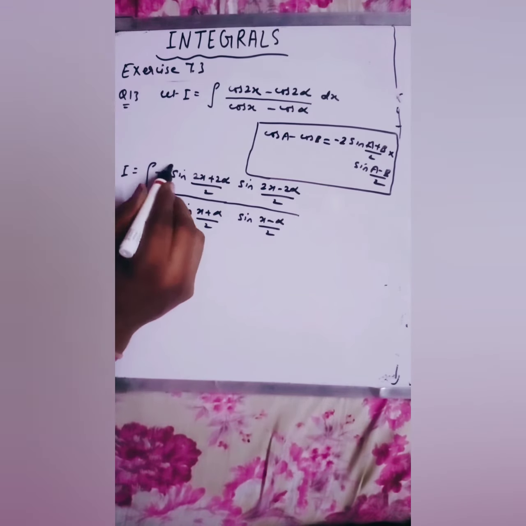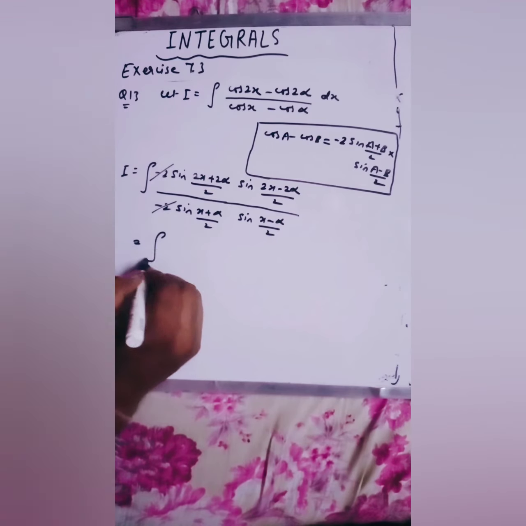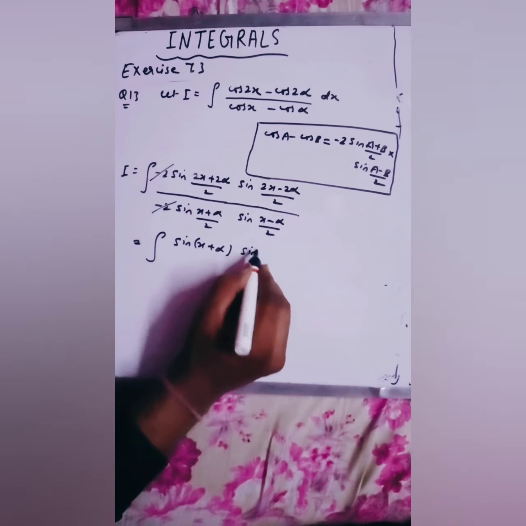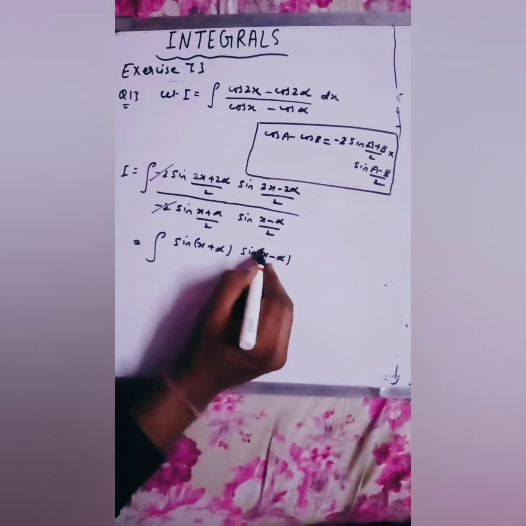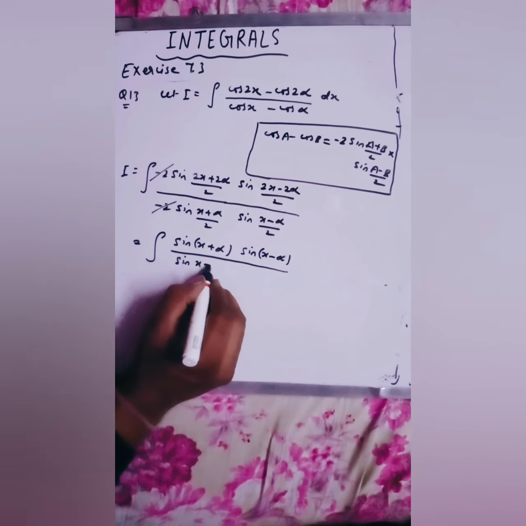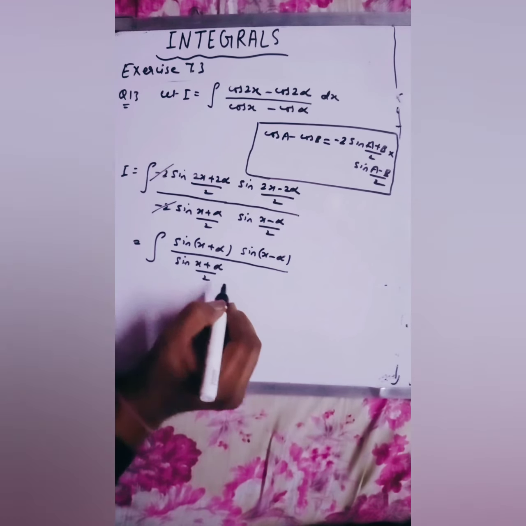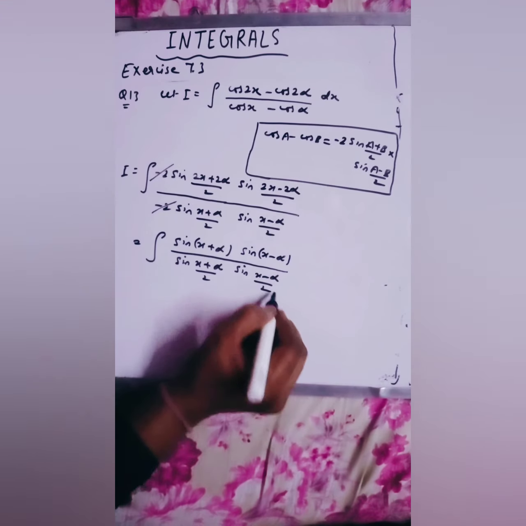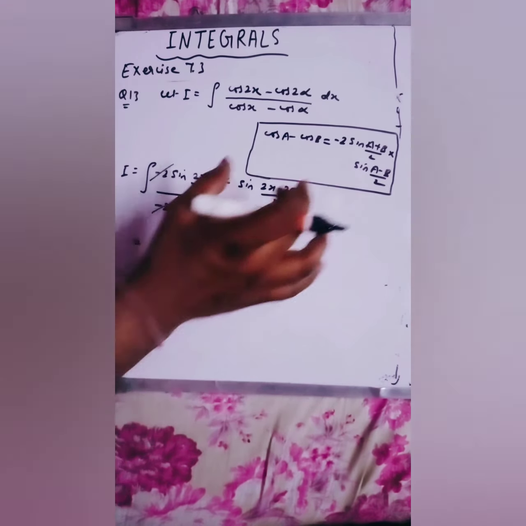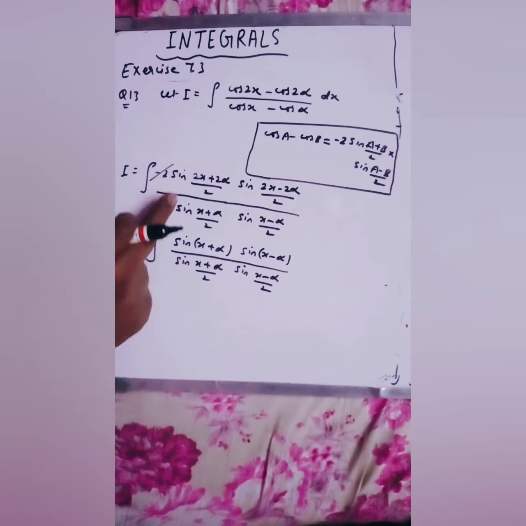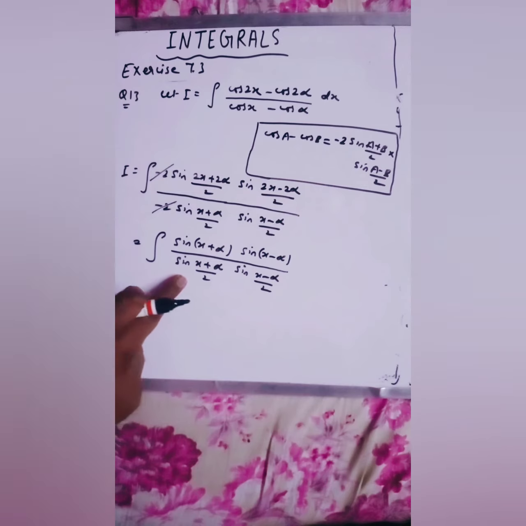This minus 2 and minus 2 will cancel out, and you will get sine (x plus alpha) sine (x minus alpha) over sine (x plus alpha) sine (x minus alpha) over 2. The same formula you have to apply in numerator and denominator. So after solving you will get this step.